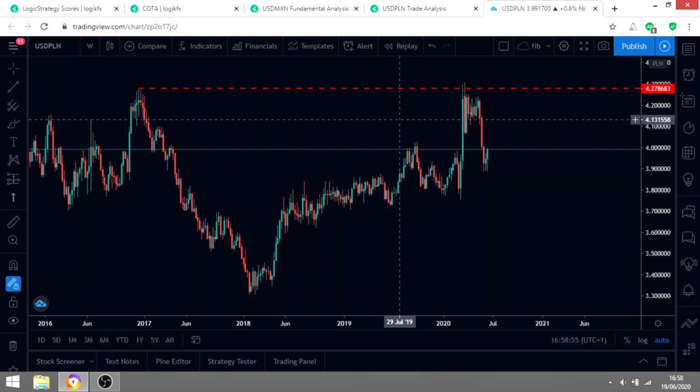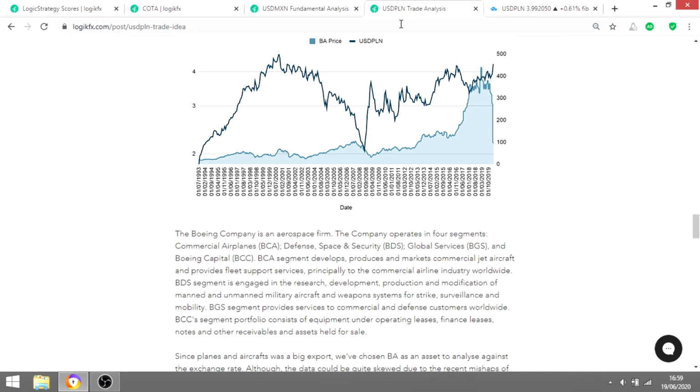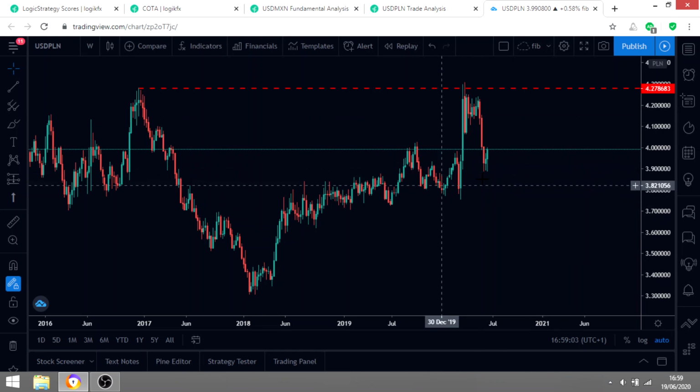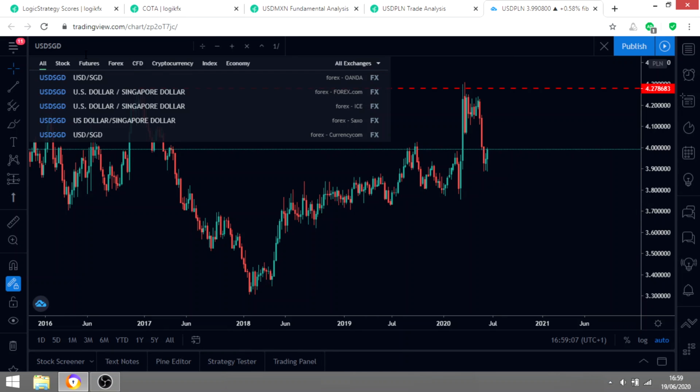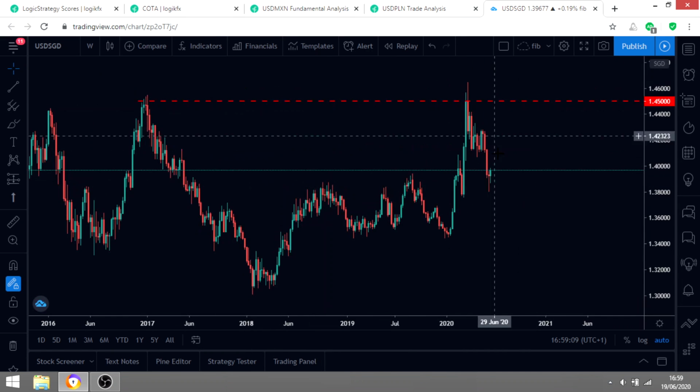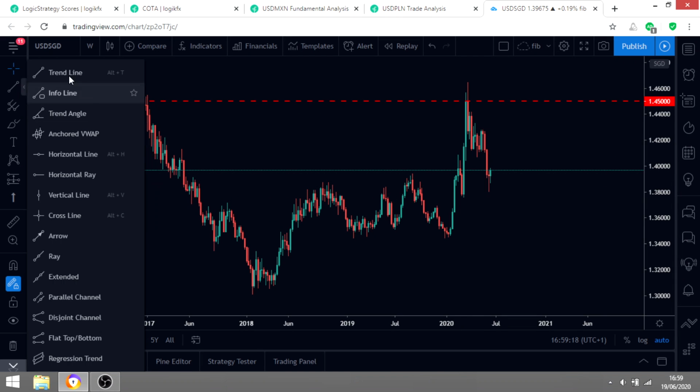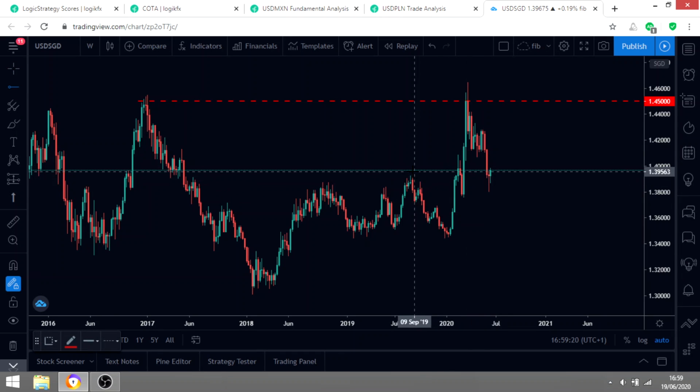And actually, with the USD Singapore idea, I potentially think we could be on a reversal. So similar to the USD PLN, if we go to USD Singapore, so we have the USD Singapore dollar here. It's got an interesting morning star formation about to happen. Potentially we're seeing, just looking at this, let's get a horizontal ray line going on here.